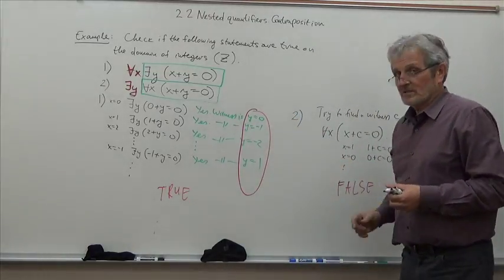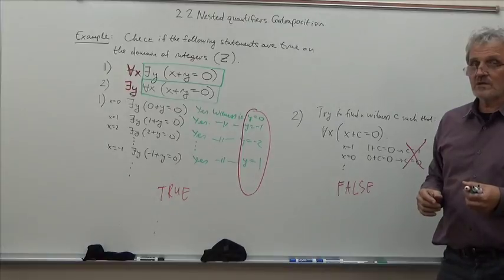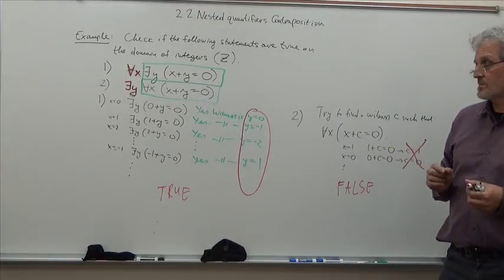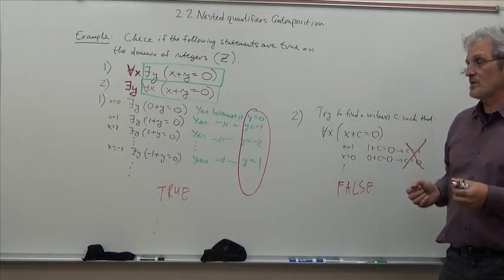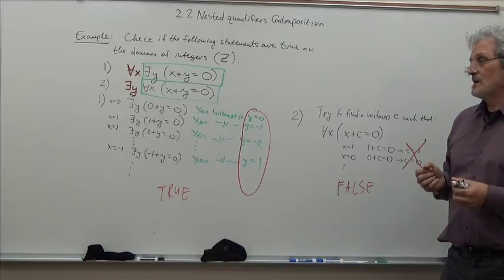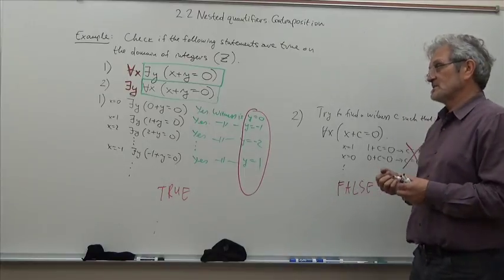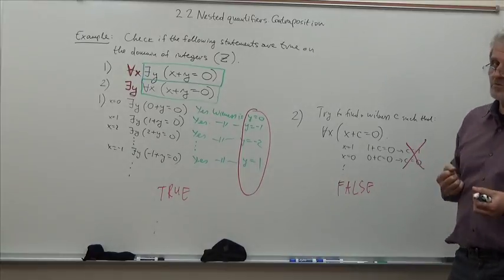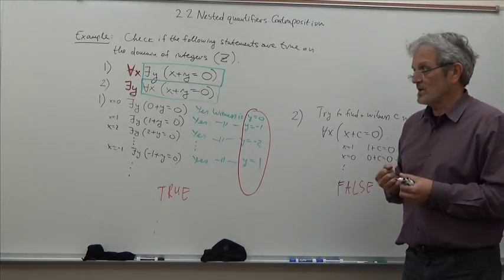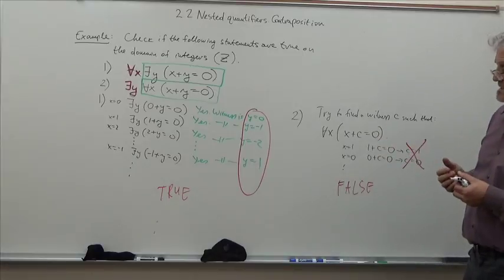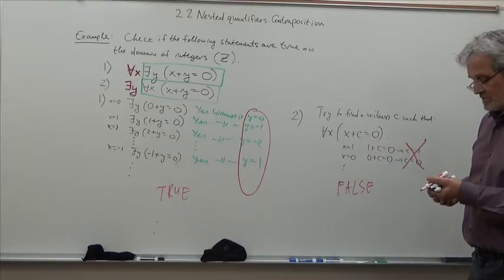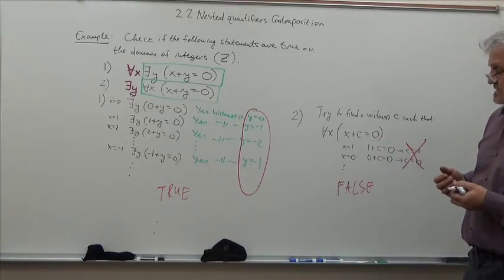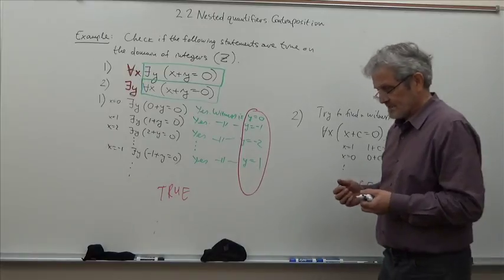We saw how important it is to keep the order of quantifiers properly, because if we switch the quantifiers, then the meaning of the sentence changes, and the status of being true or false might also change. So I think this is a pretty good example to tell us about this important construction about formulas.